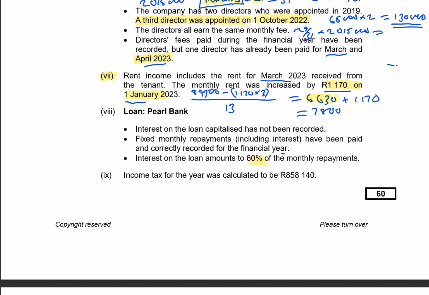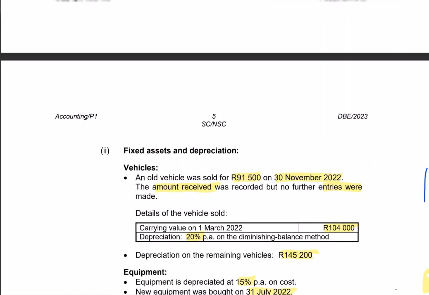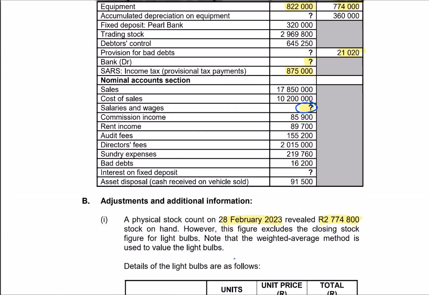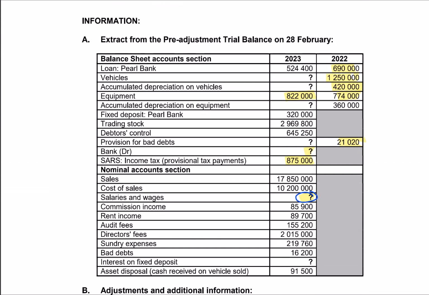Right, if you check, you're given opening and closing balances for the loan. So your loan started at 690,000 and now it's 524,400. So basically the difference between the two is the repayments. Remember, as we pay the loan, we deduct the full amount that we repay. But on the bank side, they capitalize the interest.